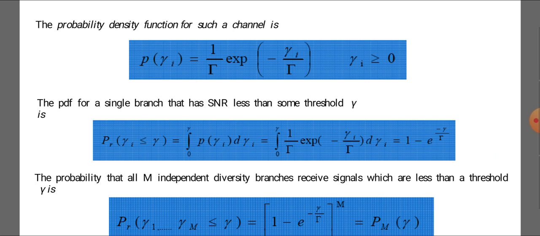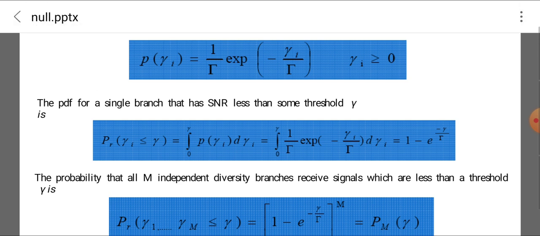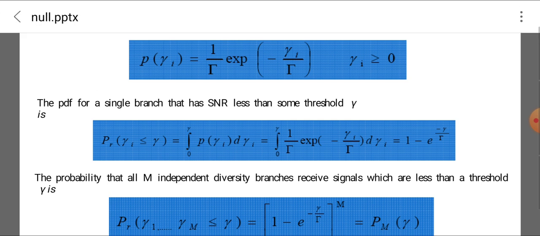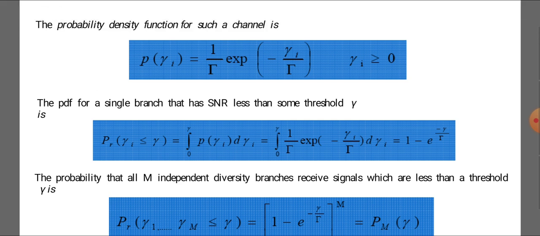Then the probability that a single branch receives a signal which has the signal to noise ratio less than some threshold gamma is given by PR of gamma I less than gamma, which is the threshold, which is equal to the integral of the probability density function, which is found to be 1 minus e power minus small gamma by capital gamma.